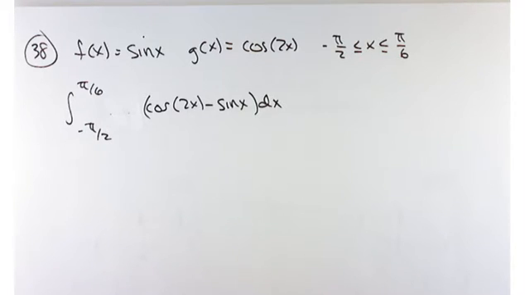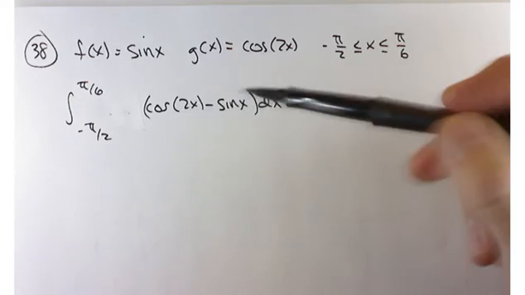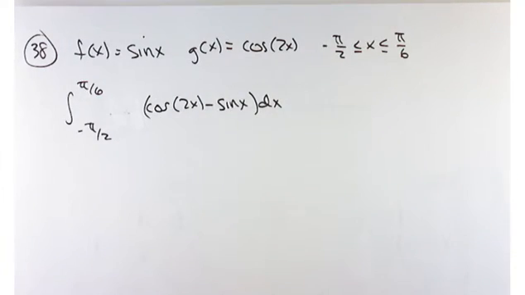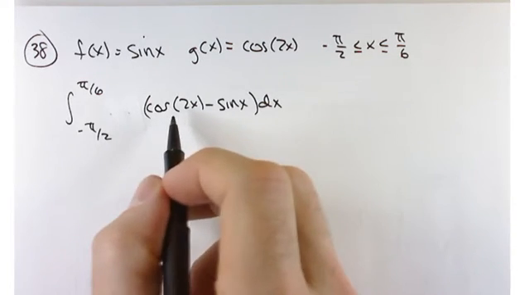Now, one of these isn't too bad. First things first, it's not a symmetric interval. You're not going to be able to use your even properties or your odd properties. There's no real shortcuts here. We are going to have to fiddle with this a little bit.